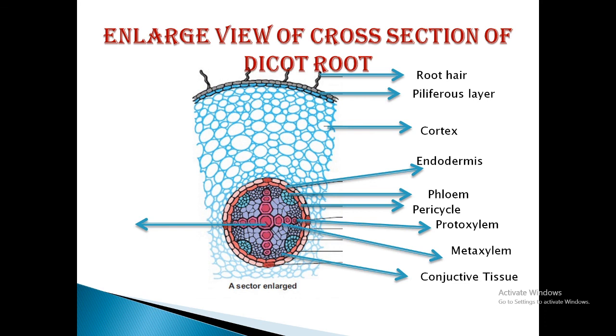The parenchymatous conjunctive tissue occurs between the xylem and phloem. This is the parenchymatous conjunctive tissue which is present between the xylem and phloem. The pith is scanty or altogether absent in the dicotyledonous root. This is all about the cross section of dicotyledonous root.